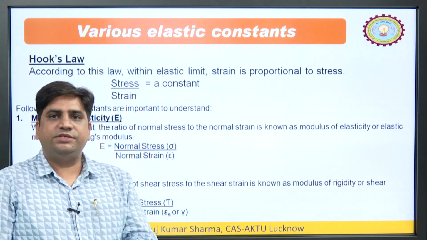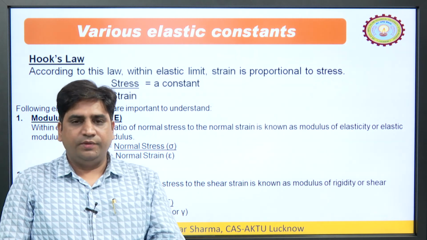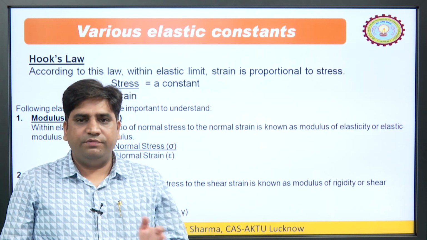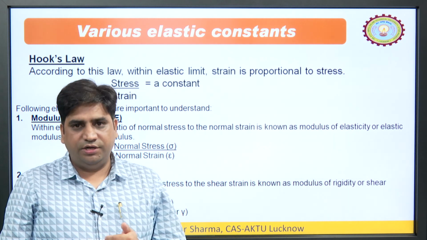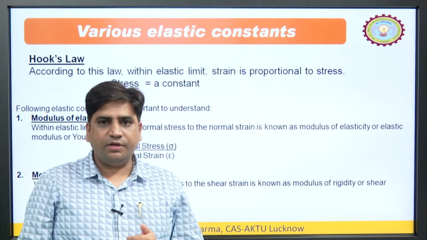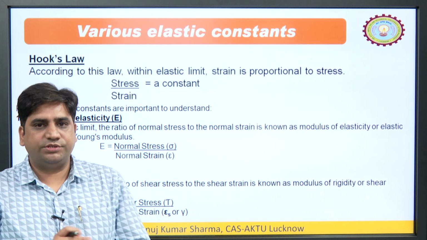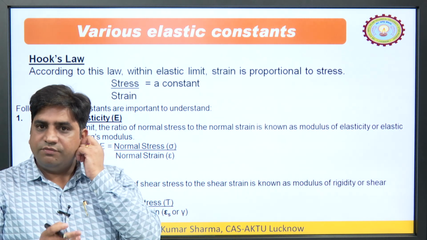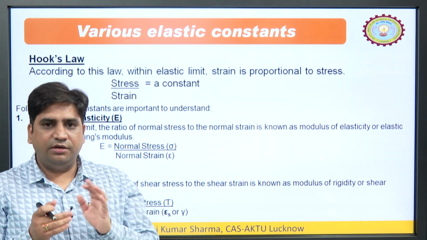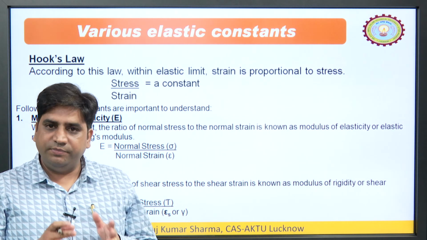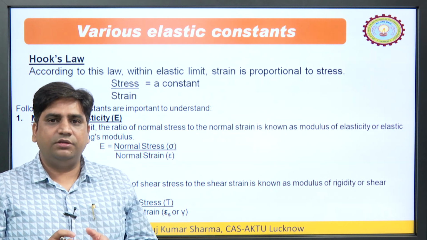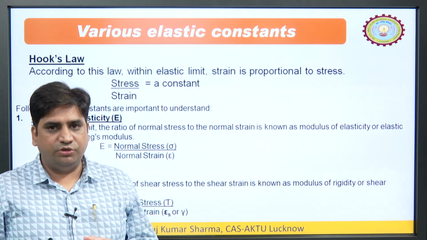Now, these elastic constants are very important. If we want to understand the behavior of the material under different conditions of loading, then we have to understand various elastic constants. Constants means they depend on the type of material, they do not depend on the size of the object.